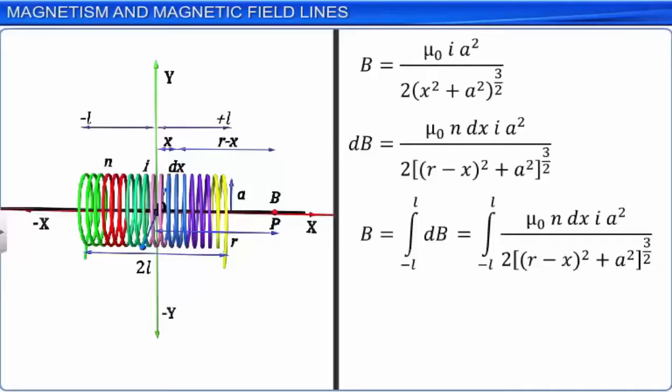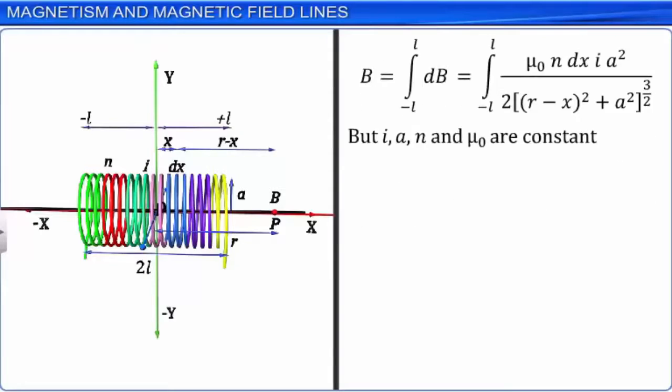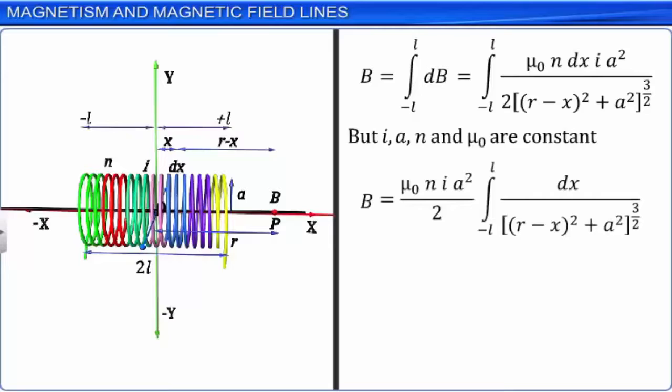But I, A, n and mu naught are constant. Hence, the magnetic induction B is equal to mu naught n I A square by 2 into the integral from minus L to L of dx by (r minus x) square plus a square whole power 3 by 2.